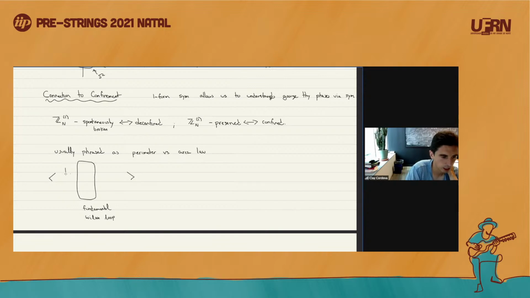This direction is T, and this separation is R. And we look at R big but T bigger.